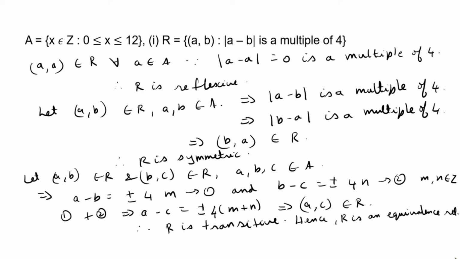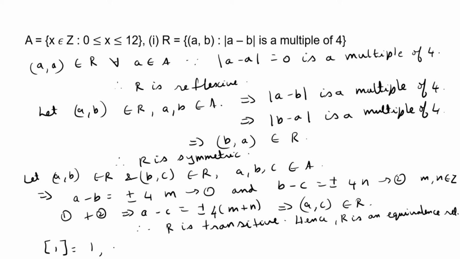Now, we also have to find all those elements that are related to 1, that is, the equivalence class of 1. The elements related to 1 will be all those elements from 0 to 12 such that |1 − that element| is a multiple of 4. If we see 1, 1 − 1 is 0, it is a multiple of 4.